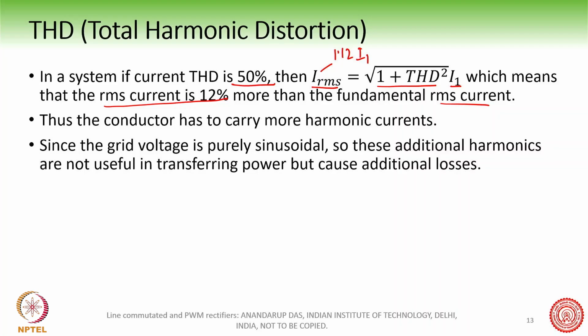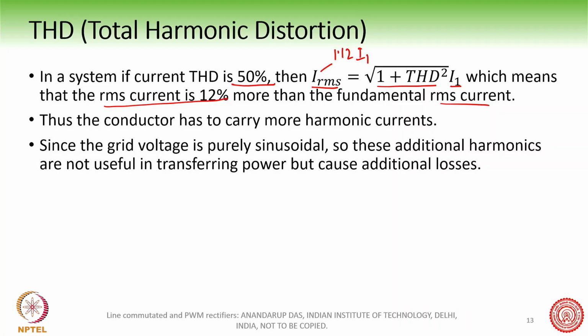So the wires carrying the current into this equipment carry an RMS current 12% more than the fundamental RMS current. Remember, the fundamental RMS current is only responsible for the active power being delivered to the load through that wire. All the rest of the harmonic currents are useless. They do not contribute to the load power delivery.